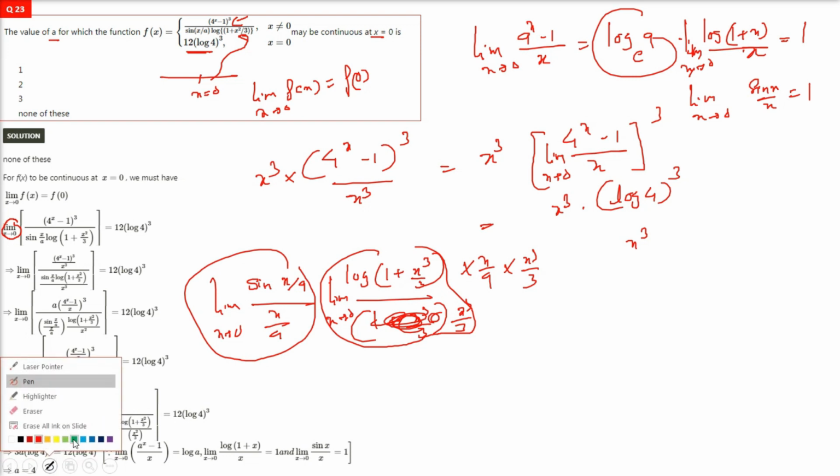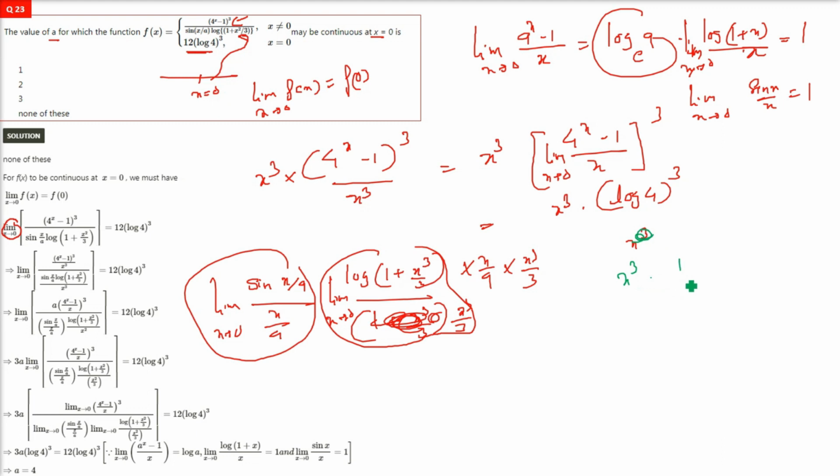So what is remaining here? The numerator and denominator we are going to write. So x cube (log 4) to the power 3 divided by x into x square and 3a. It is not x cube, it is x square actually. So x cube whole will get cancelled. So it will be only (log 4) cube divided by 3a, and that will equate to 12 log 4 to the power 3.